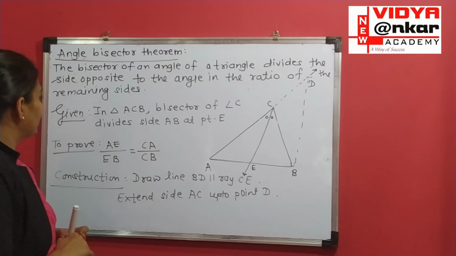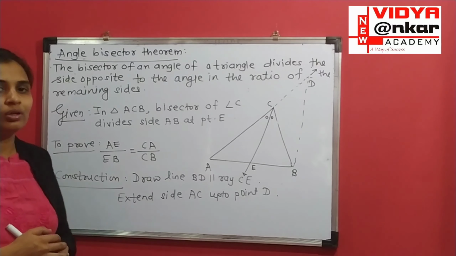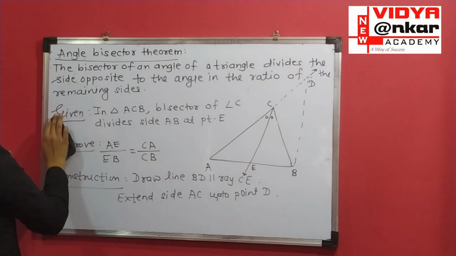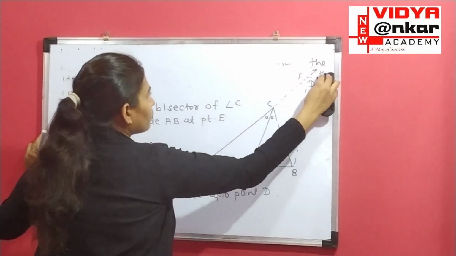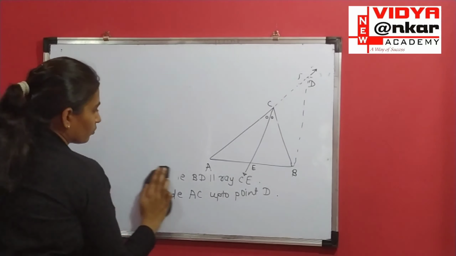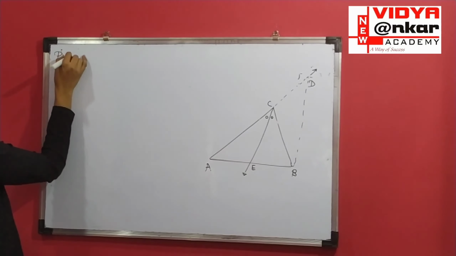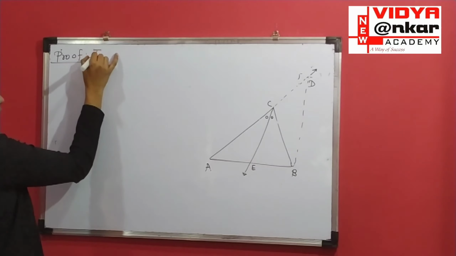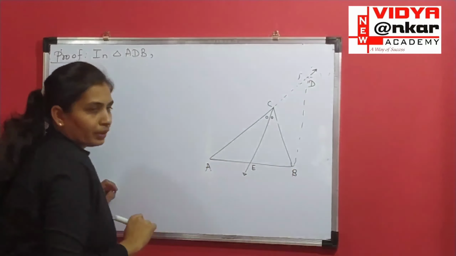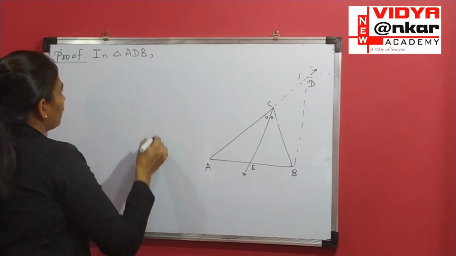Now students, this is given, to prove and construction. Now let's learn about proof. Okay, in triangle ADB, this CE is parallel to BD.